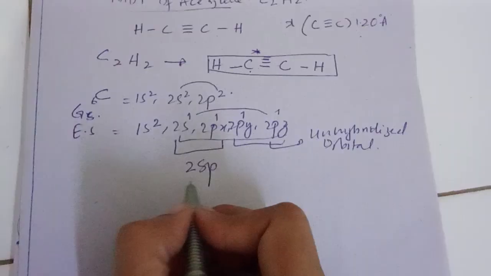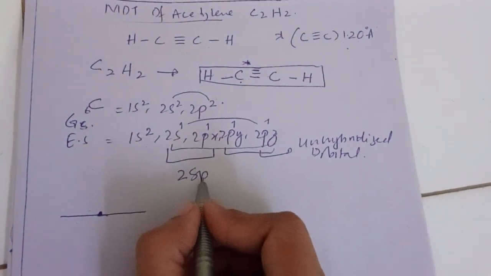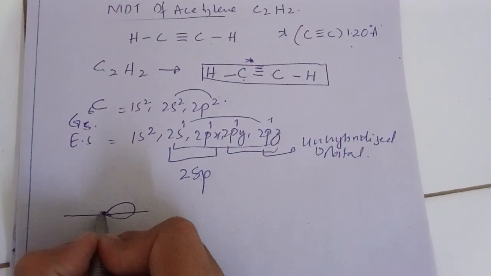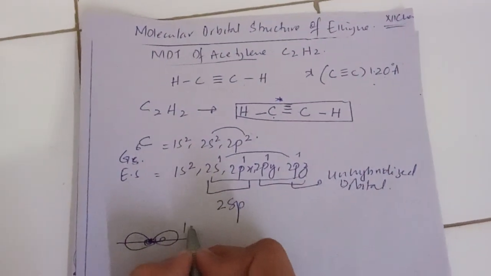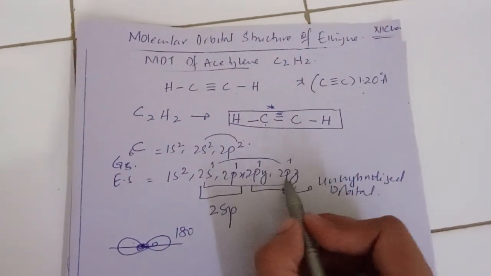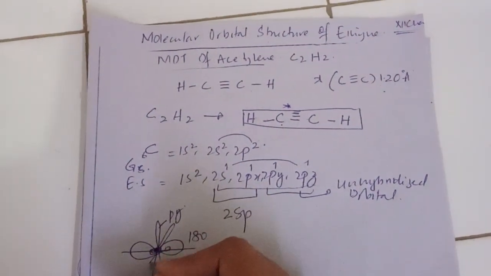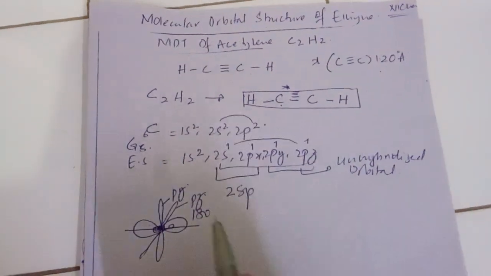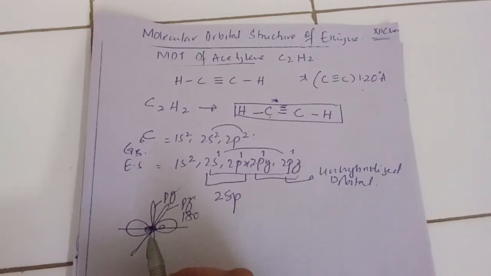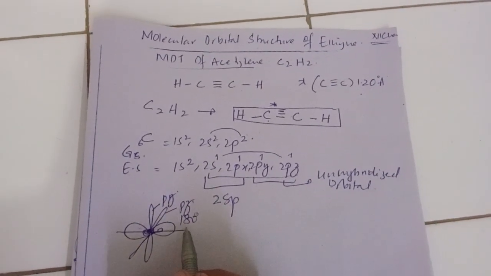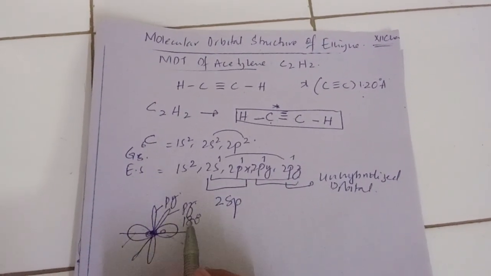As far as sp hybridization is concerned, it is the particular type of hybridization in which we obtain two sp hybrid orbitals arranged in a linear shape, having bond angle 180 degrees, with two unhybridized p orbitals, that is unhybridized py and unhybridized pz. So whenever an element undergoes sp hybridization, it will have a linear shape with an angle of 180 degrees, with two sp hybrid orbitals and the unhybridized py and pz.